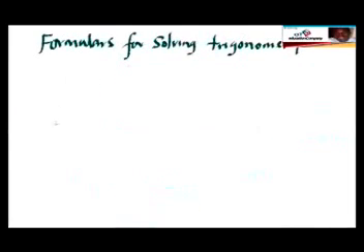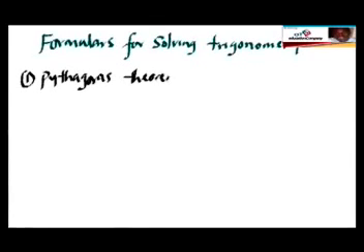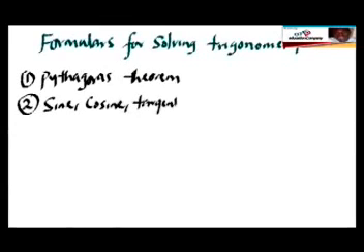Now let's take a look at some of the formulas that are used for solving trigonometry. The first one we will look at would be the Pythagoras theorem. You also have the sine, cosine, tangent functions.